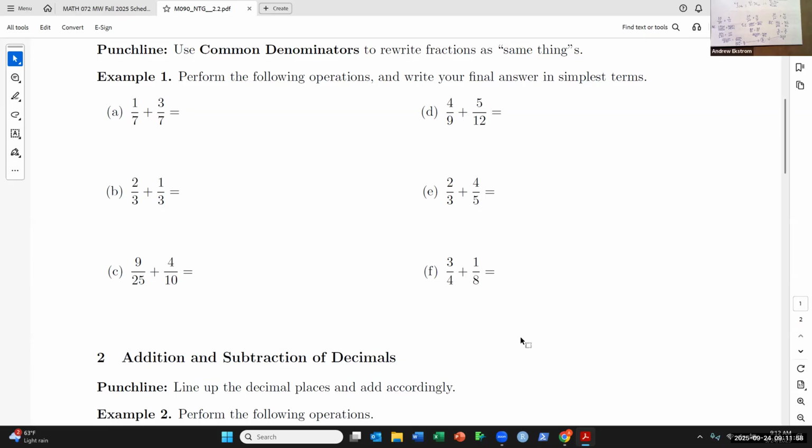Looking at what I have over here, can I reduce that at all? No. Can I reduce that? Well, that's even, that's even. I can at least get rid of a 2, right?